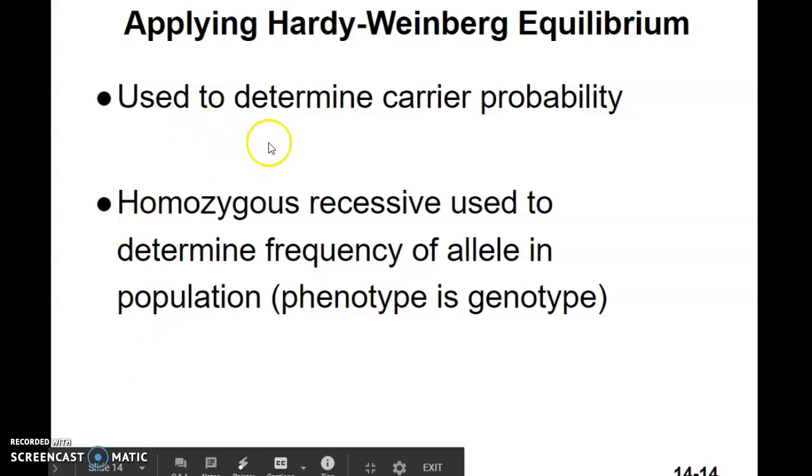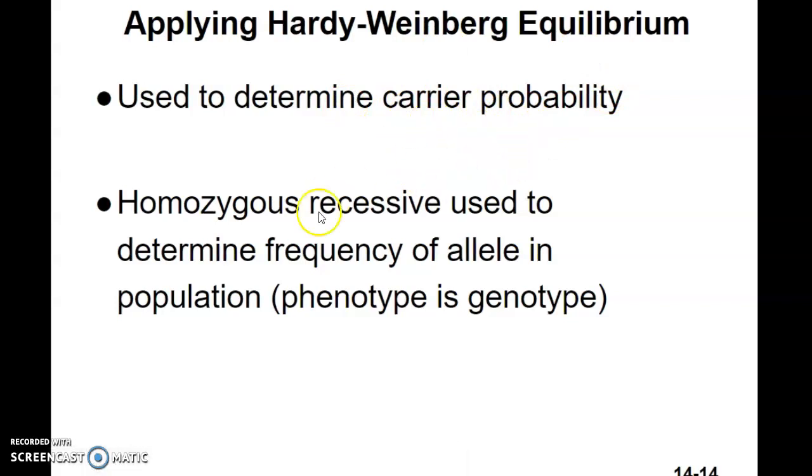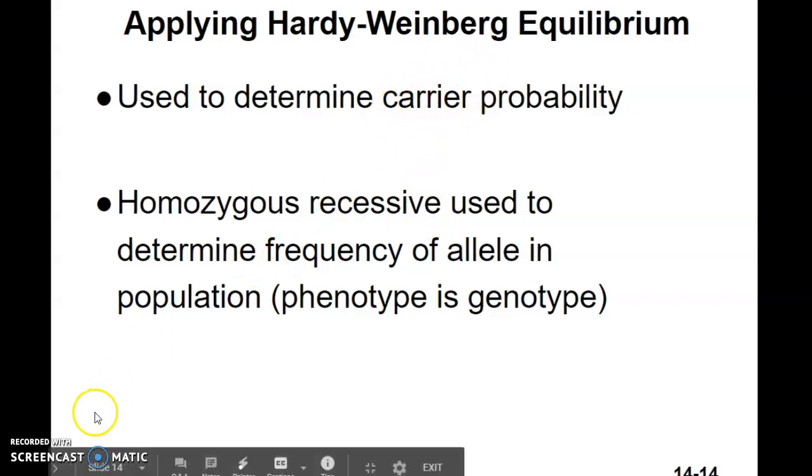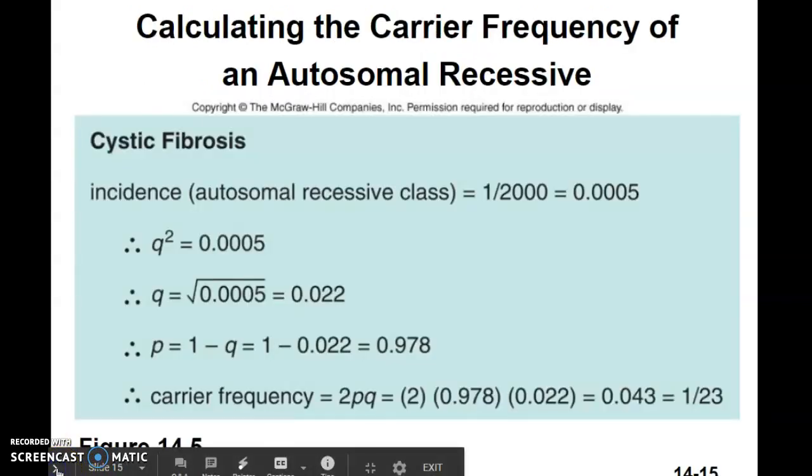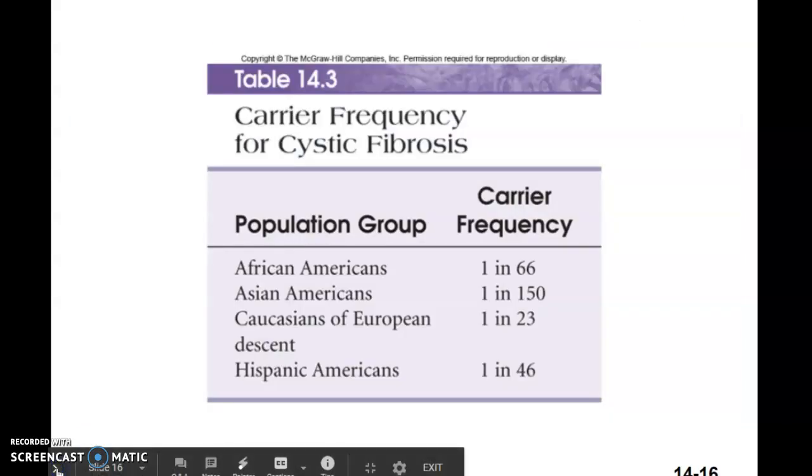Why do we need it, though? Basically to determine carriers. That's the key thing, because we always know how many people actually have a genetic disorder. What we want to know is how many people are carriers out there. And we'll do that tomorrow.